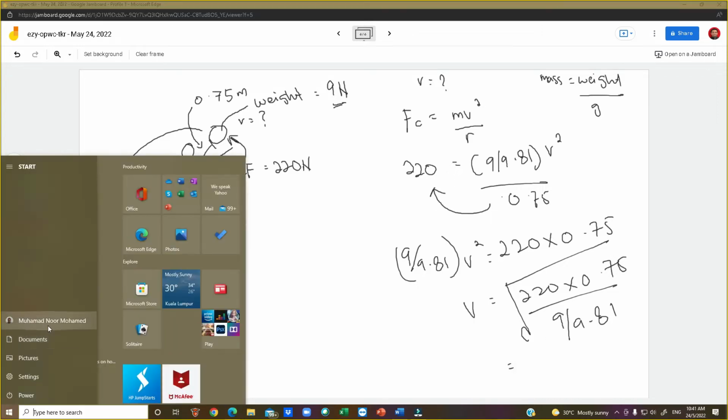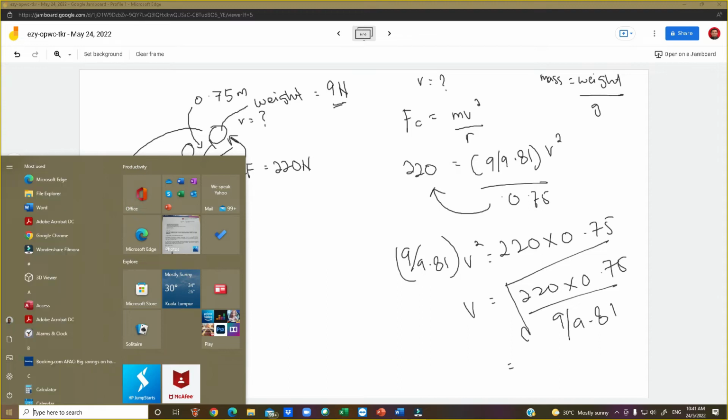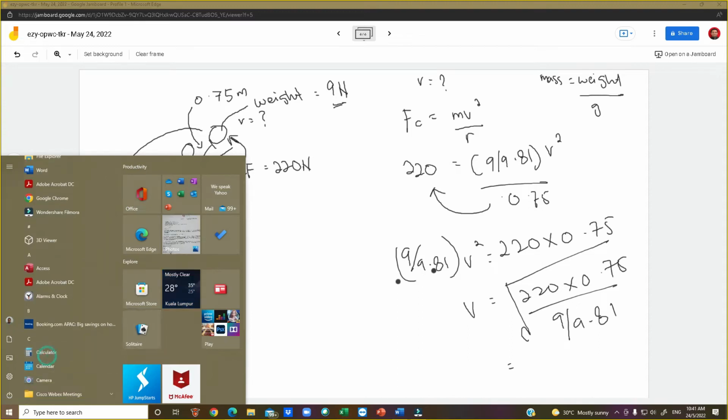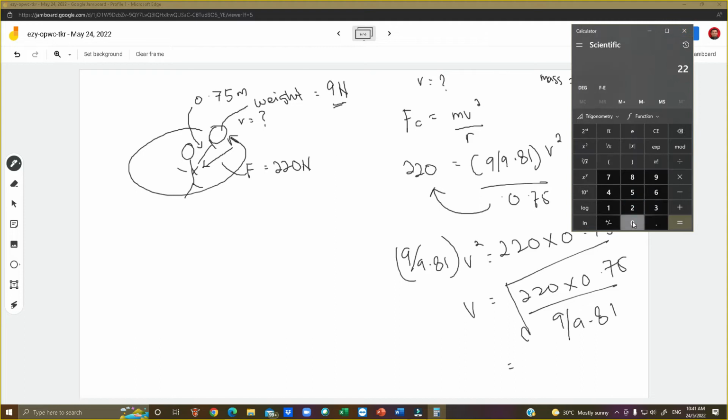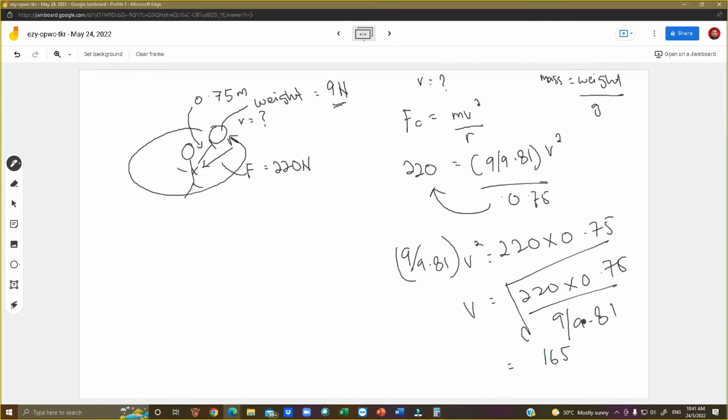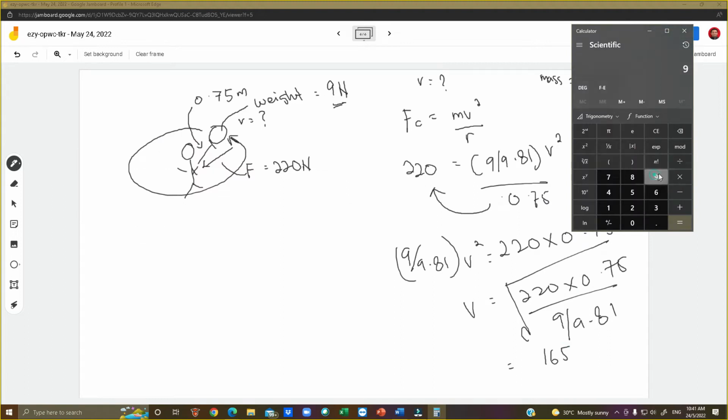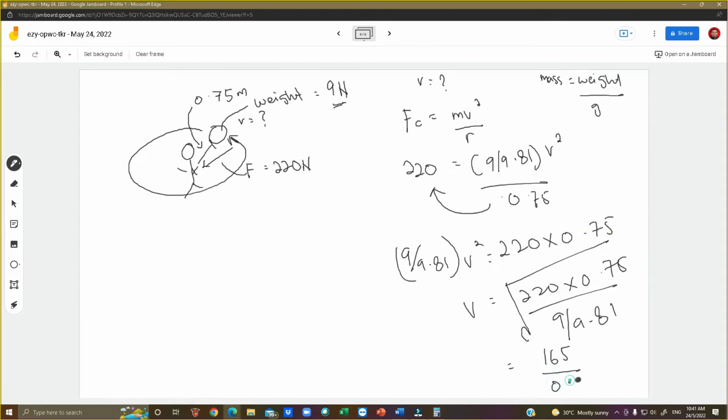Berapa jawapannya bawah? 220 kali 0.75, 165. 9 bagi 9.81, 0.92. 13.4 meter per second. 13.4 meter per second.